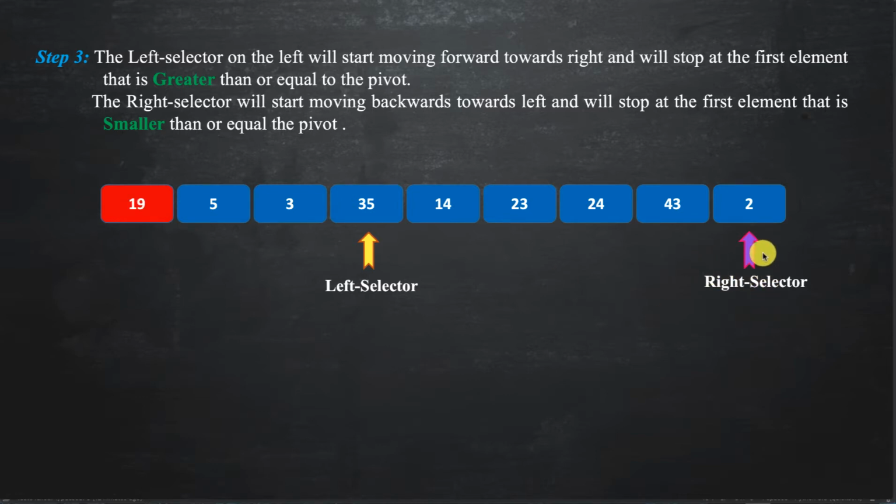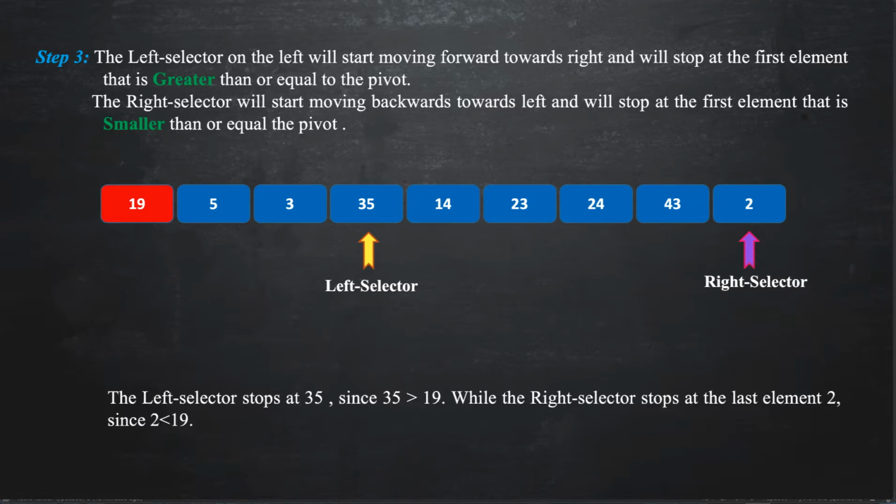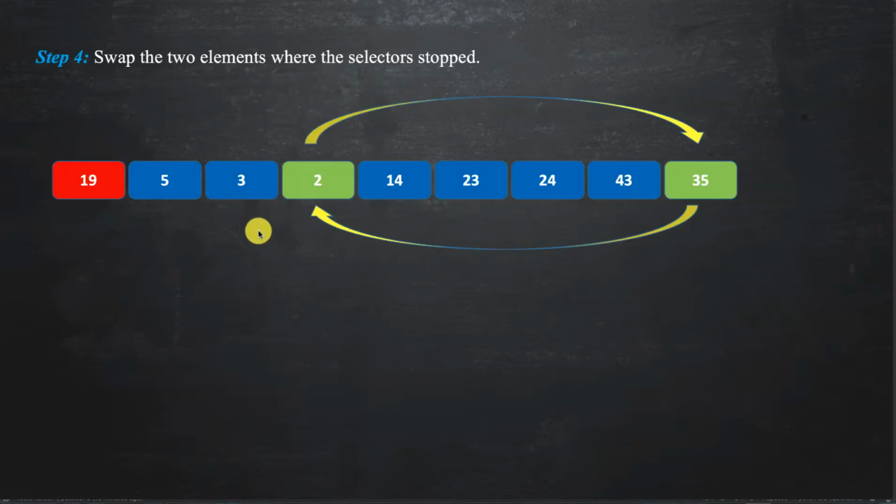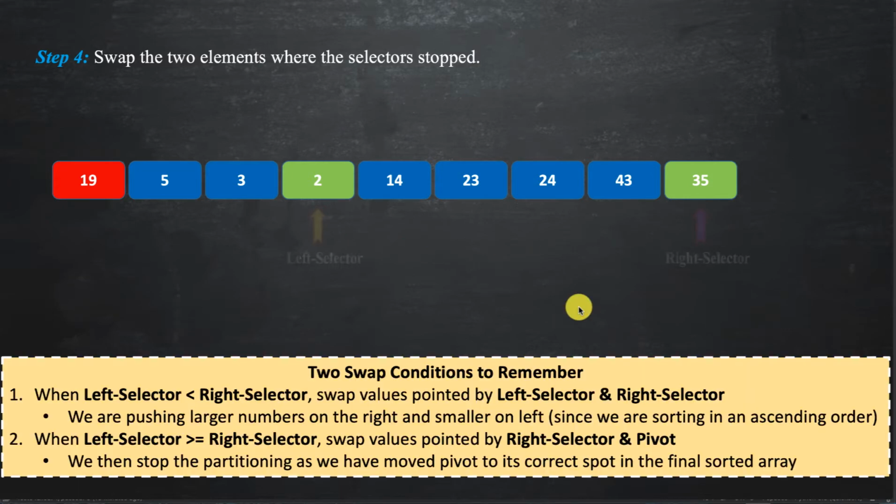It will stay at this location. When this happens, we swap the values pointed by left and right selector. So 2 and 35 will get swapped. Left and right selector are still there, but the values pointed by these two pointers are now swapped.